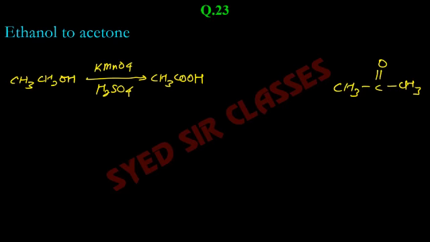Okay, now why are we doing so? Because acids can be converted to anhydrides, and anhydrides have double the carbons. So acid we will convert to anhydride.